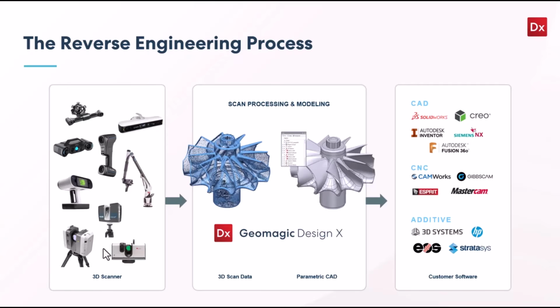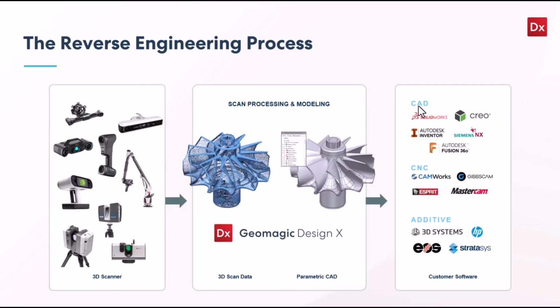Enter DesignX. We create this software that is a parametric CAD modeling kernel with a 3D scan kernel all in one space, right? So then we take this data, do the heavy lifting, and then we extract model information and output it in different sources like you see on the right hand side, whether these are the high level outputs.